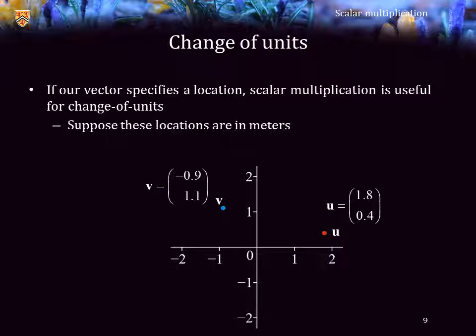Now, if a vector specifies a location, scalar multiple is useful for change of units. Suppose we have these two locations, and we know that these locations are relative to the origin given in meters. Now, because these are locations, I'm going to stop drawing arrows to them, because they are actually positions somewhere relative to the origin or the zero vector.